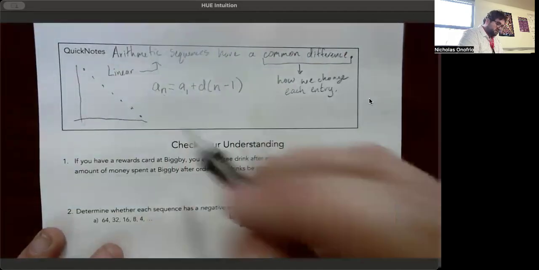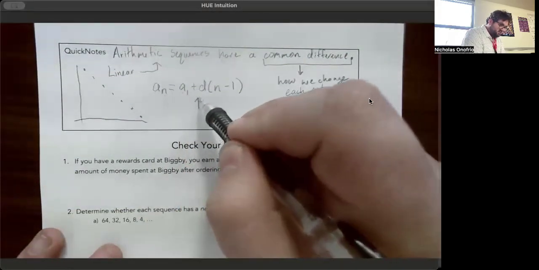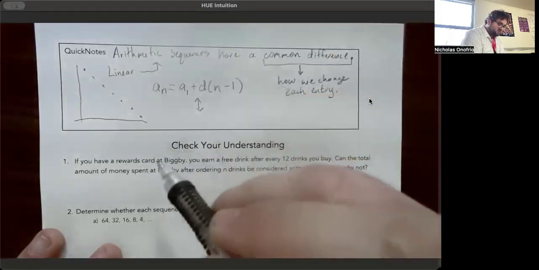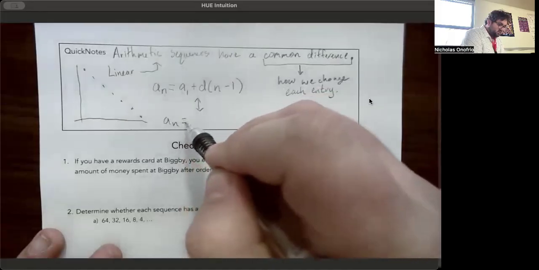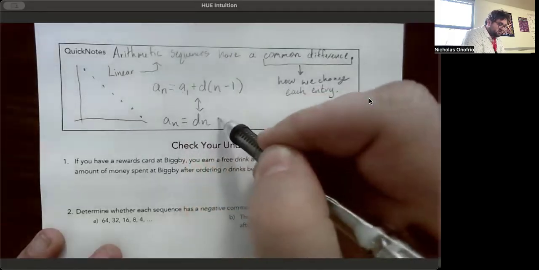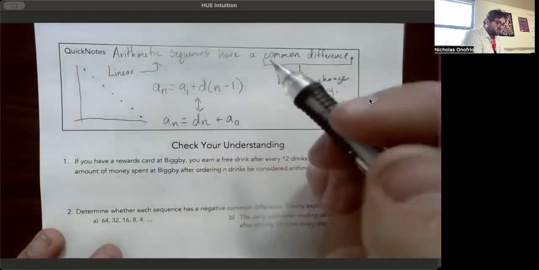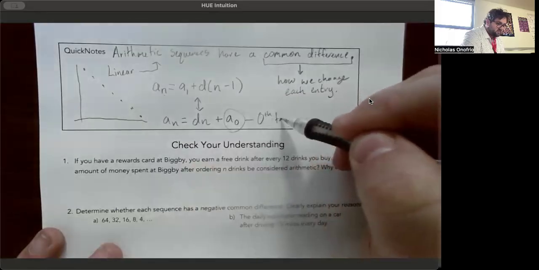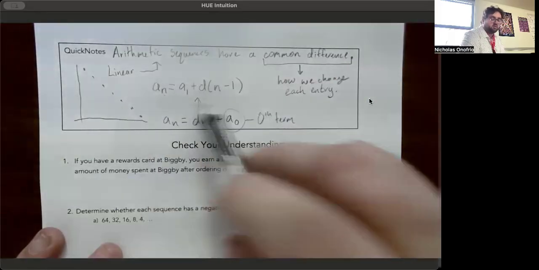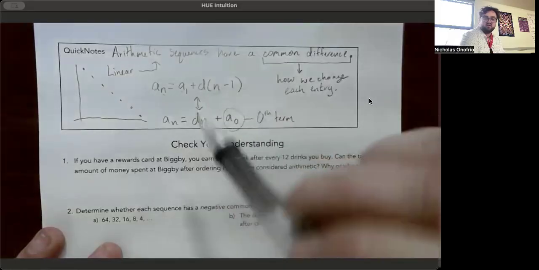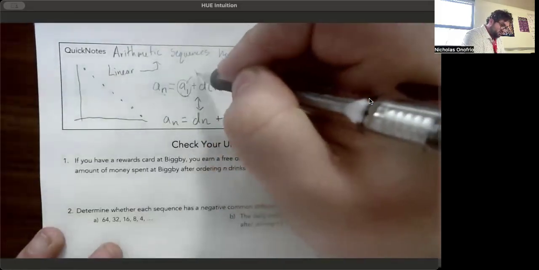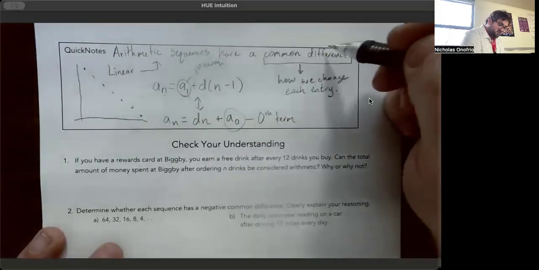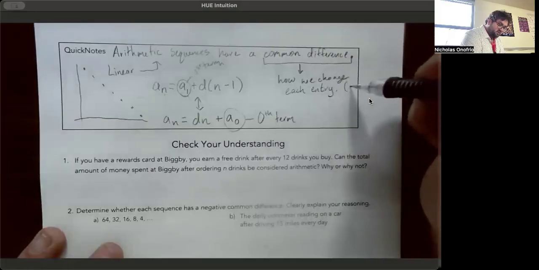We can then rewrite this by distributing my d and then doing some subtracting to get a_n equals dn plus a_0, where a_0 is your 0th term. My tip, start in this form and then distribute to get here. I should say a_1 is your first term. And d is your common difference.